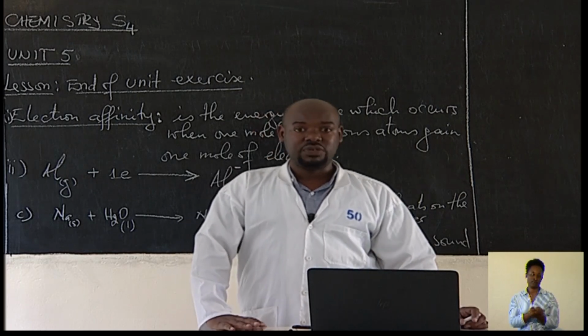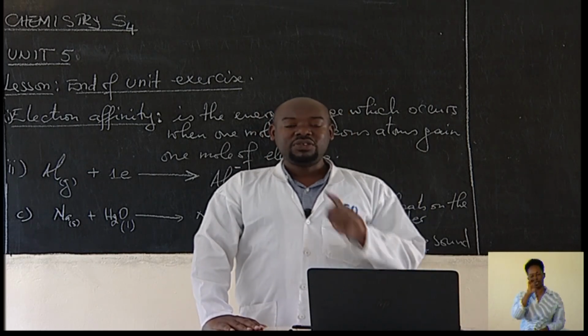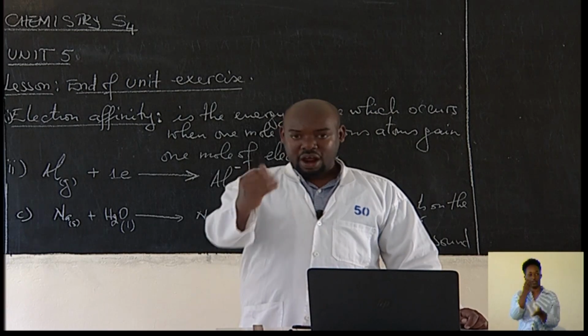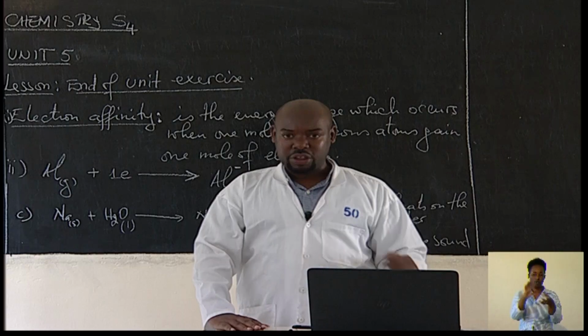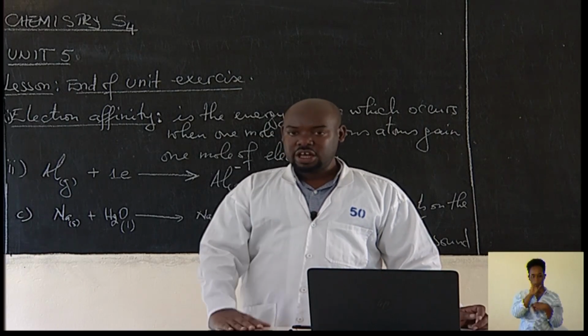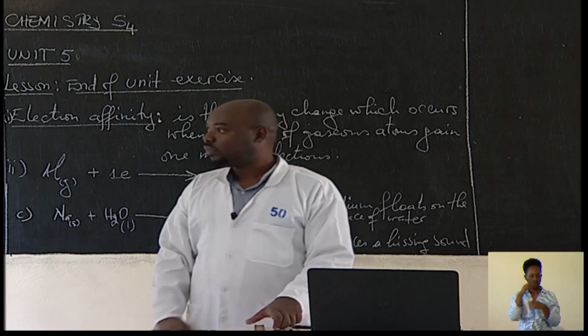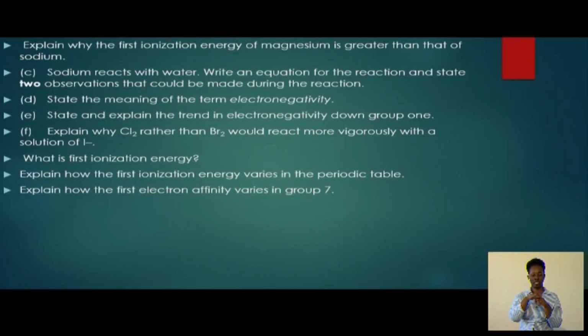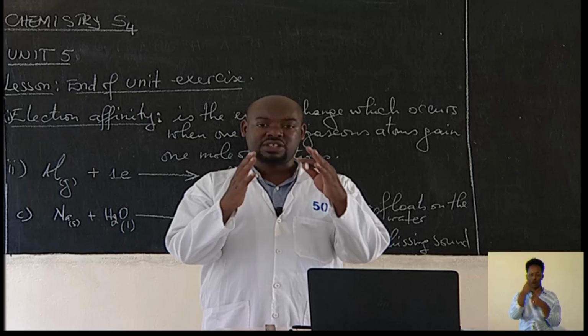And state the meaning of the term electronegativity. What is electronegativity? Electronegativity means a measure of the tendency of attracting the electron pair towards itself in a covalent bonding. And state and explain the trend in electronegativity down group 1. We remember that. Down group 1, electronegativity, how does it change?